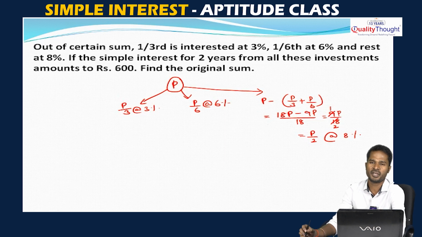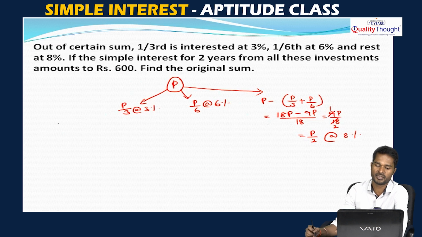See, the time period is 2 years for all of them, it is the same, and only the P value we need to calculate to find the original sum, the rates of interest we have. So, PTR by 100 we can use for every case, and we need to add everything. So, the first case is P by 3 into 3 percent by 100.